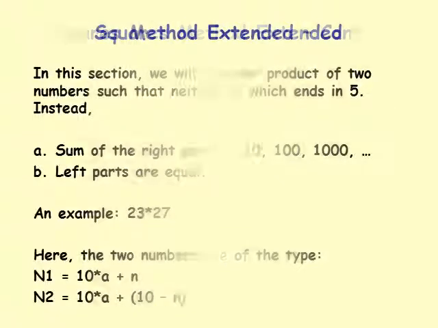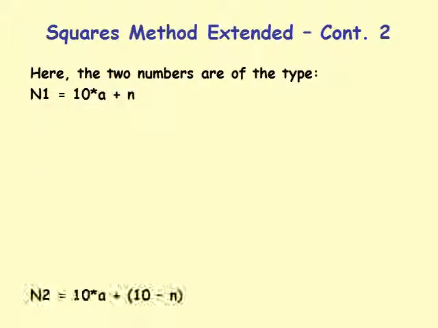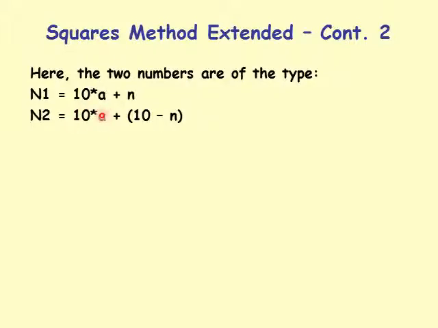Here are two numbers from the previous page. N1 is 10 times a plus n, and N2 is 10 times a plus 10 minus n. The left part is constant, the same, and the right part adds up to 10. N plus 10 minus n is 10.